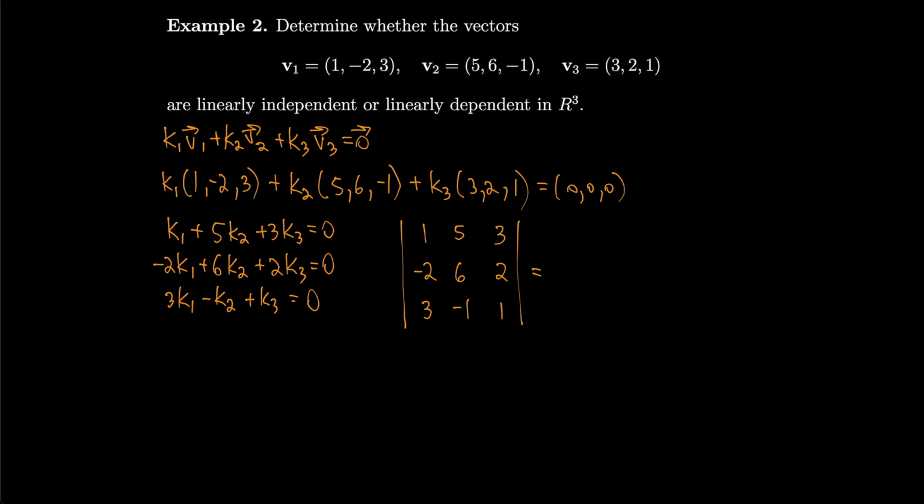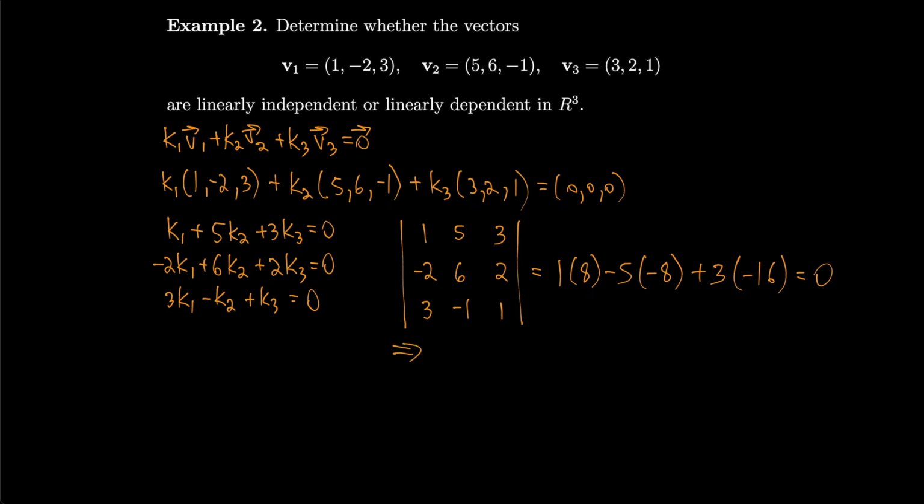I'll take 1 times this determinant: 6 times 1 minus 1 times 2 is 8, so it's 1 times 8, minus 5 times this determinant: minus 2 times 1 minus 3 times 2 is minus 8, and then plus 3 times this determinant, and that's minus 16. So 8 plus 8 minus 8 plus 5 times 8 plus 3 times minus 16 is 0.